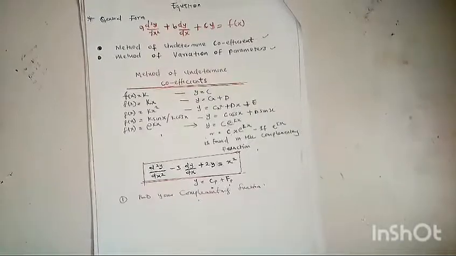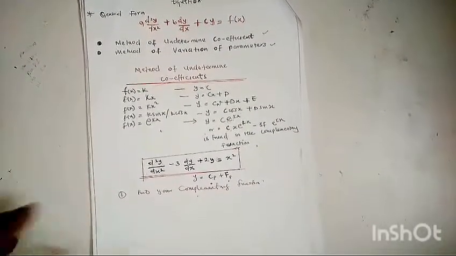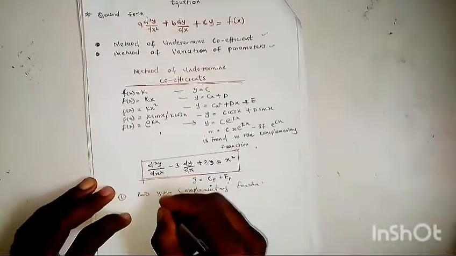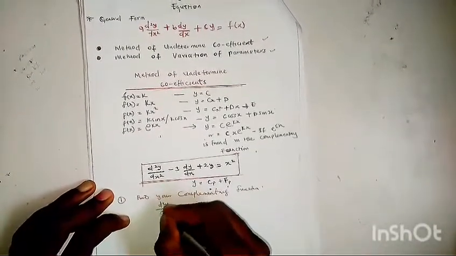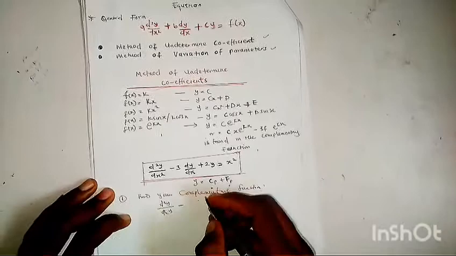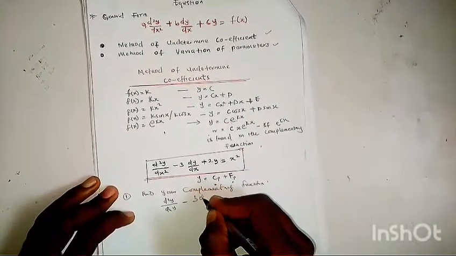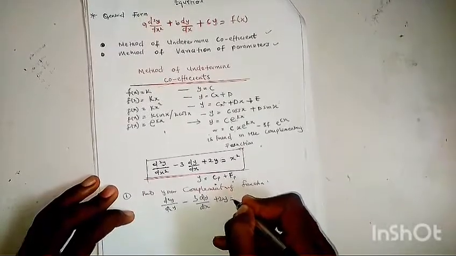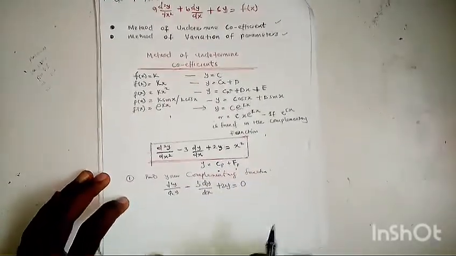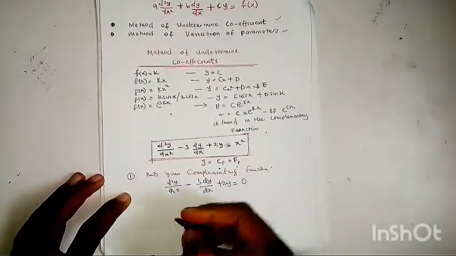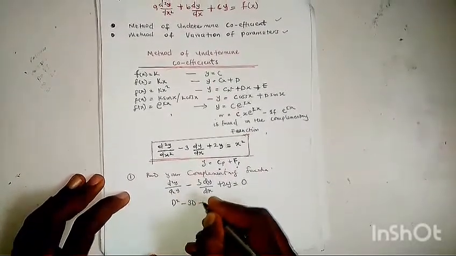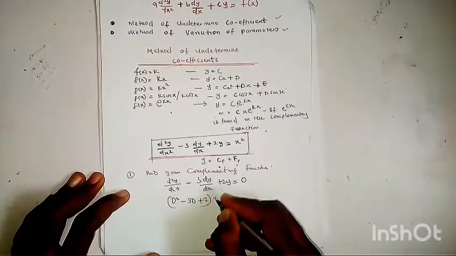Now, just like what we solved in our last video, solving for the complementary function will make this equation equal to 0. So we have d squared y over dx squared minus 3 dy dx plus 2y equals 0, right? Now, applying our operator D method, this can be written as D squared minus 3D plus 2, open bracket, y equals 0.